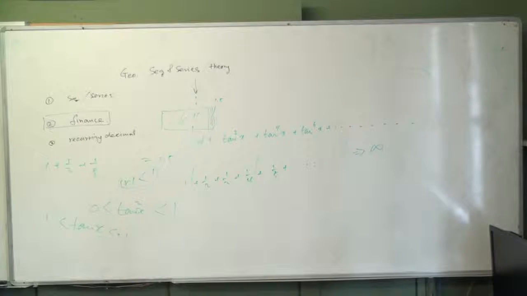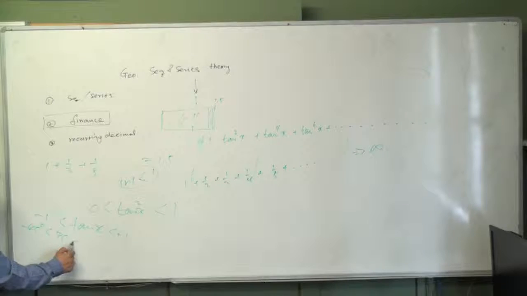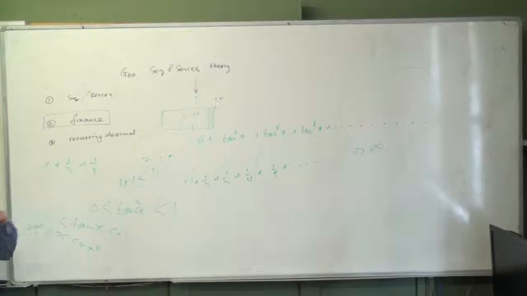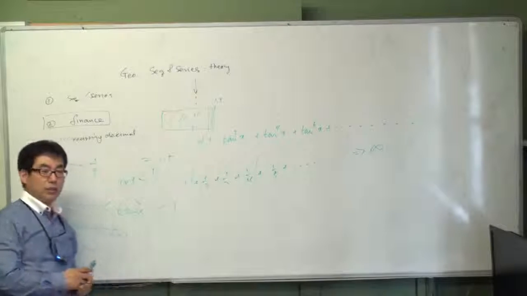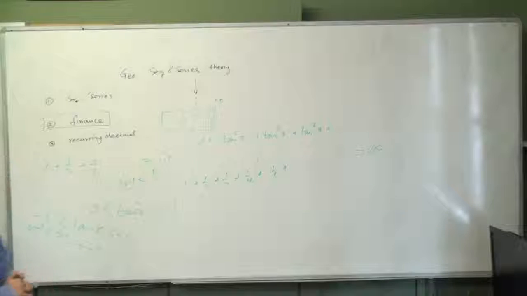So tan x is between 1 and minus 1. So x must be within 45, if you're just comparing first quadrant, second quadrant. Remember, you will get that question: find the restrictions of the letter to have a limiting sum.